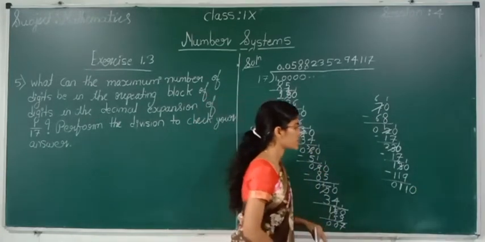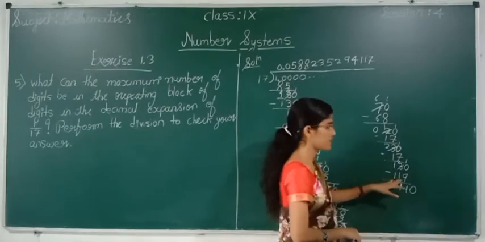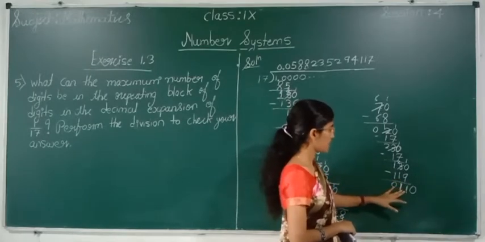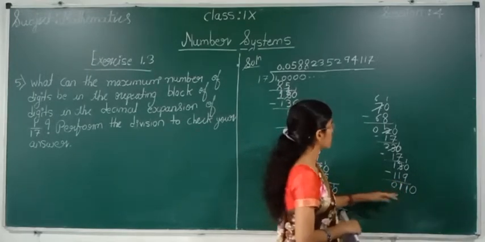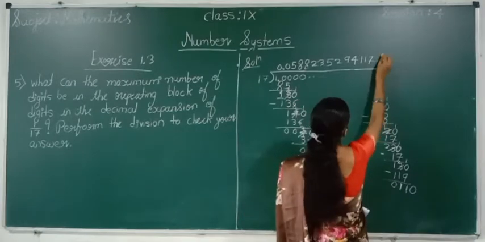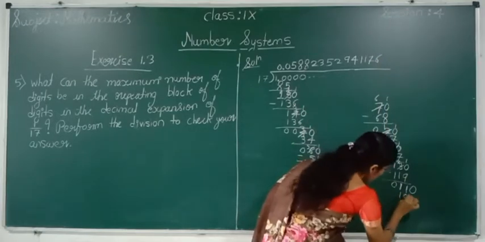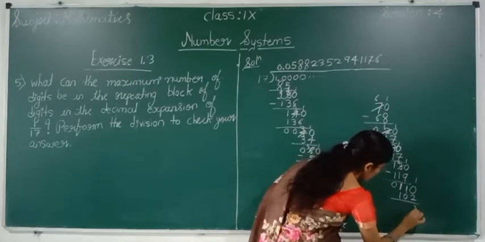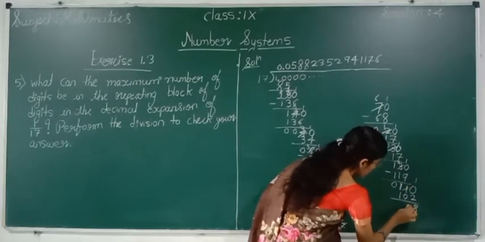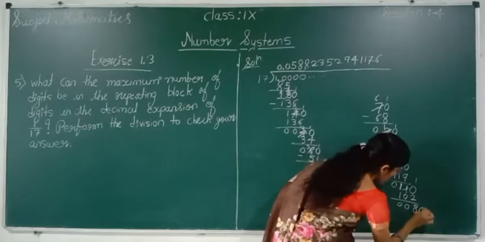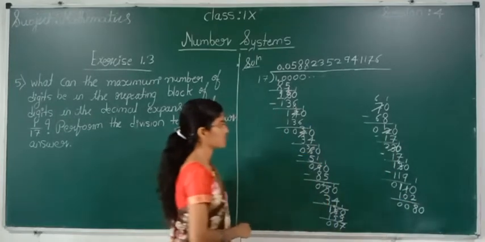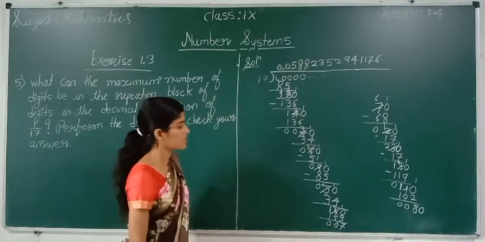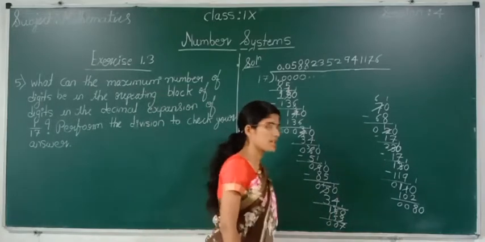17 7s are 119. Right. 17 6s are 102. 10 minus 2 is 8. It will become 0. Now it will become 80. Now 17 5s are 85, right?